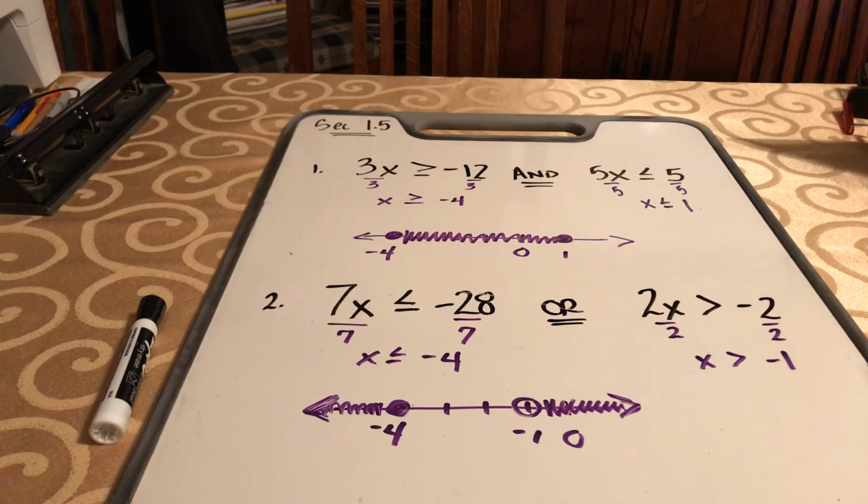For the and, like I said, it usually ends up being a chunk in between your two solutions. For the or, usually one is going to the right and one is going to the left. There are some weird things that happen sometimes, especially when you're working with negative numbers and dividing by negative numbers, but typically those are what your solution should look like. All right, there you go. Good luck.